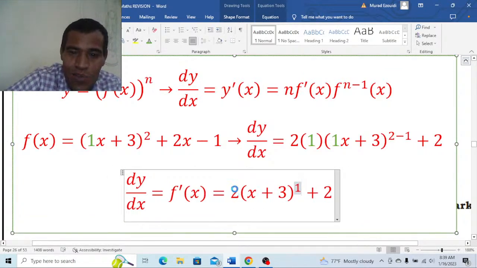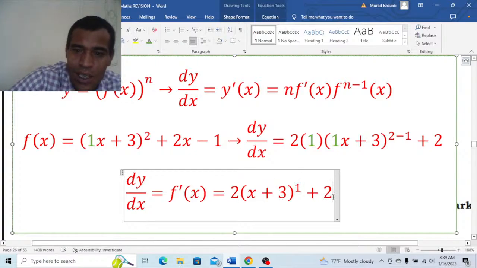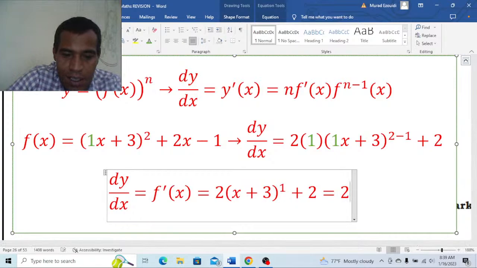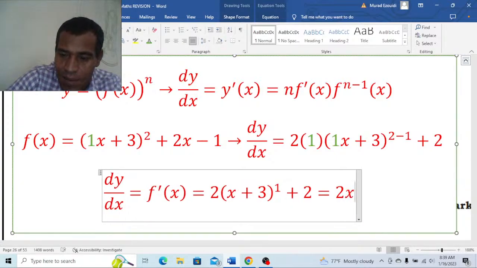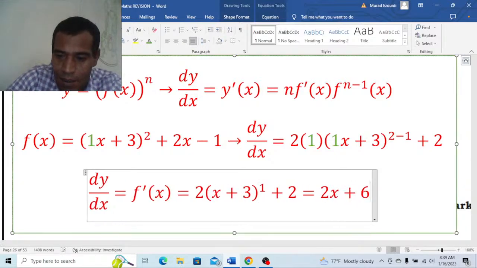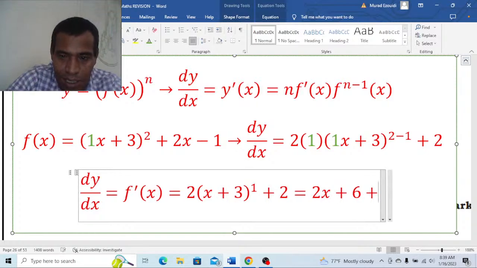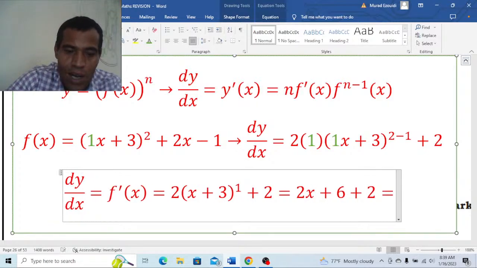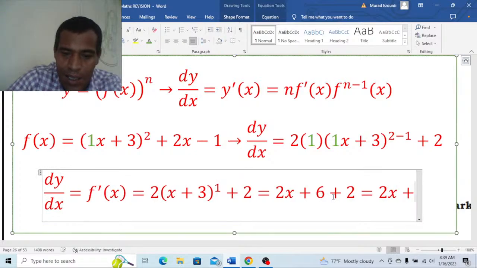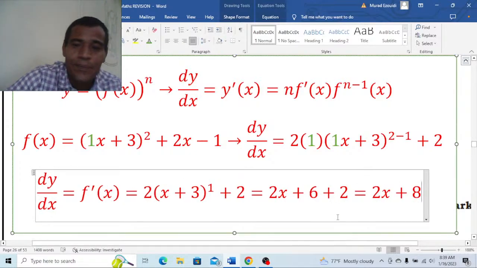You can expand it to 2x plus 6 plus 2, which is equal to 2x plus 8. So this is the last answer.